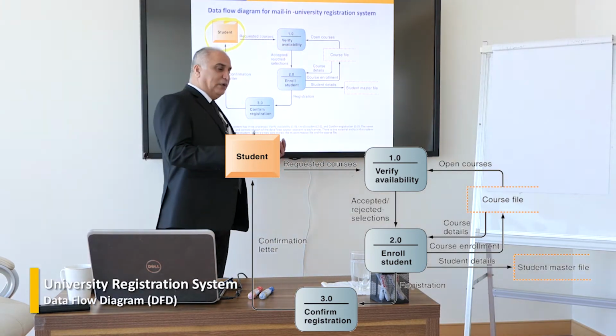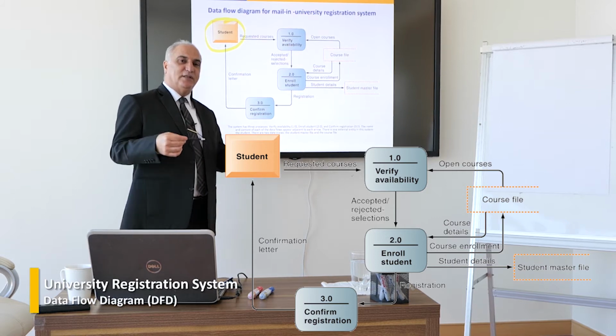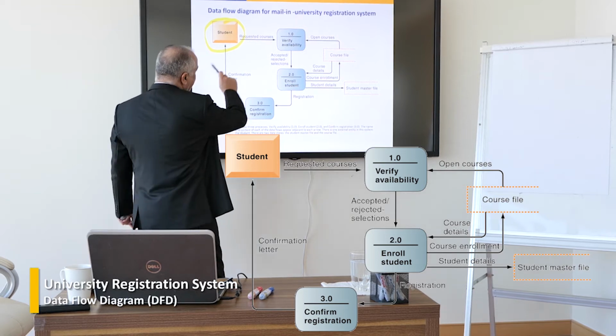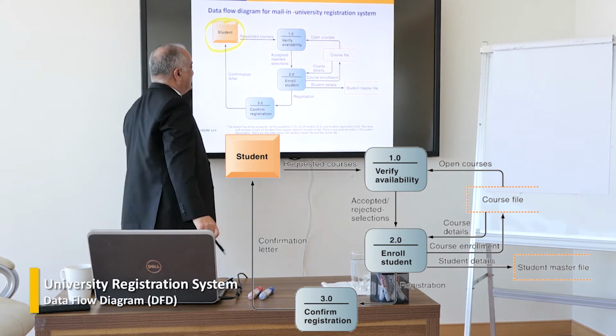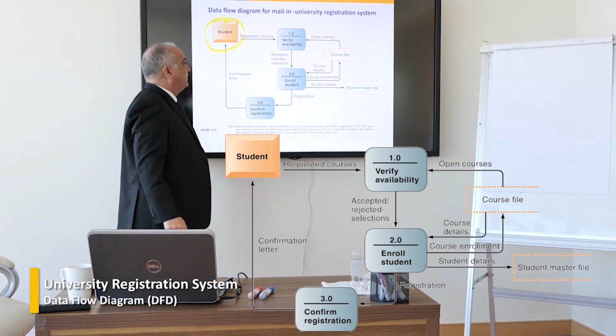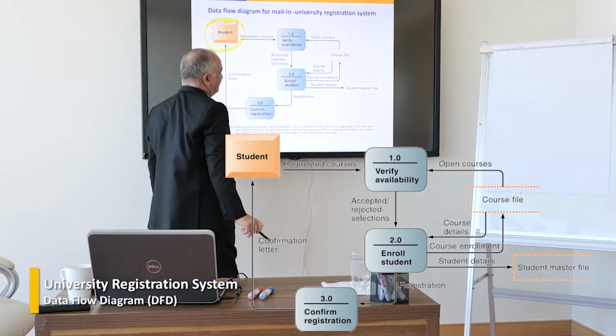Now we need to understand how the processes work, and what the external entity and the data flow are. In this example there is only one external entity, called student. The student will request the course.